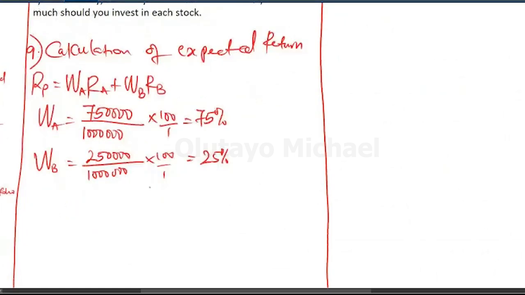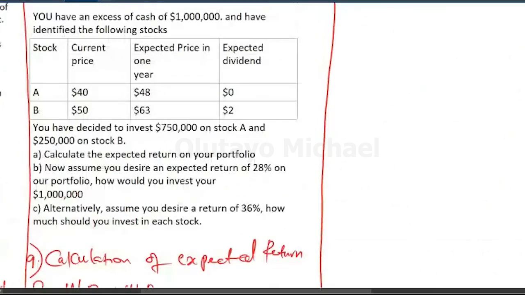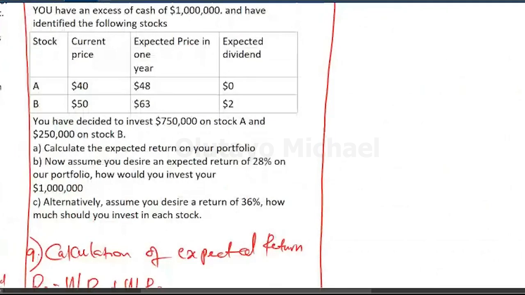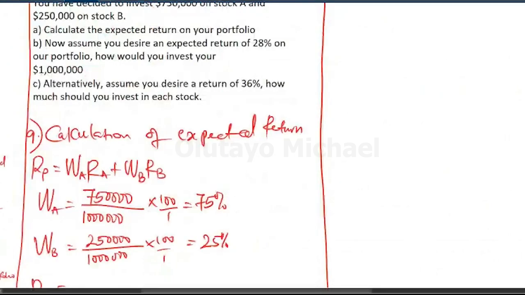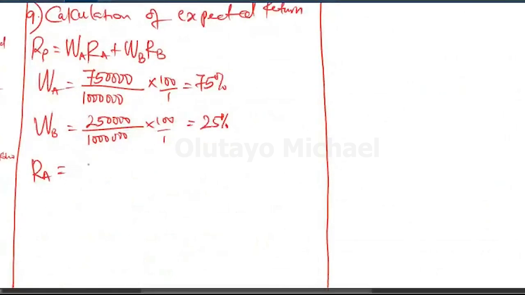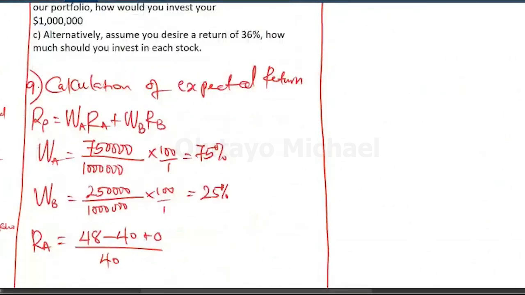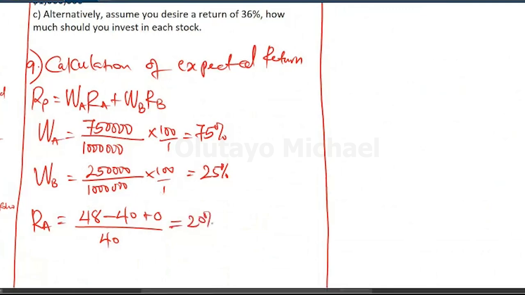Okay, so we need to calculate the return of A. We have been given in the question the price in year 1 and the current price. So for A, it is 48 minus 40 all over 40 plus dividend, which is 0. That gives us 20%.